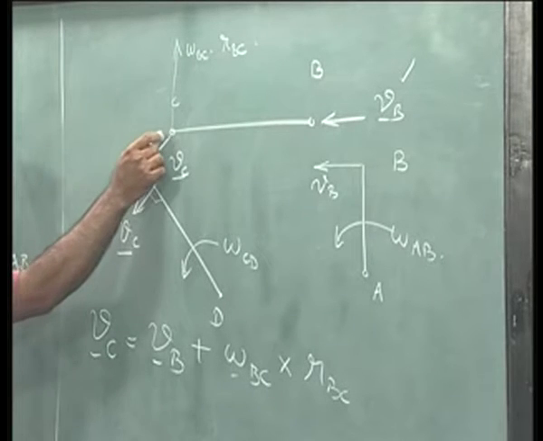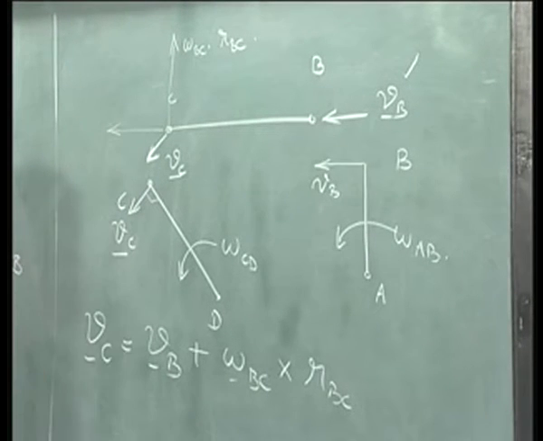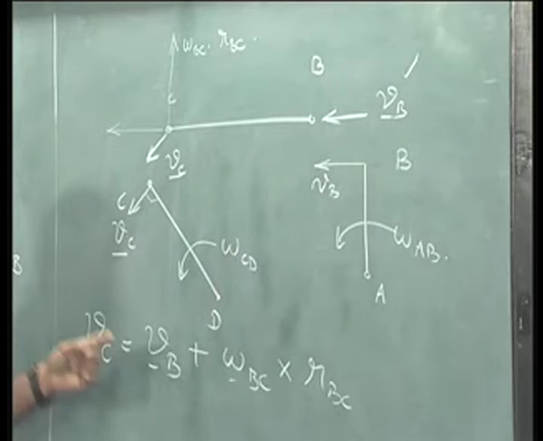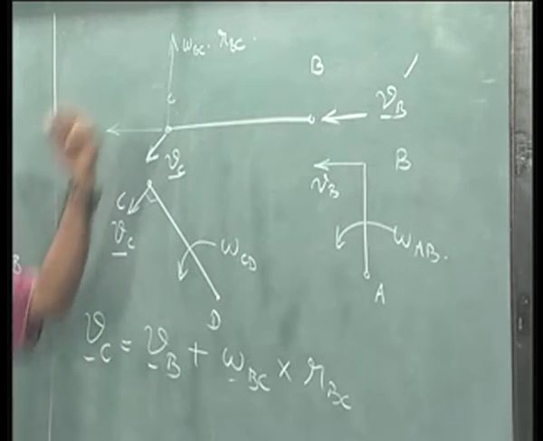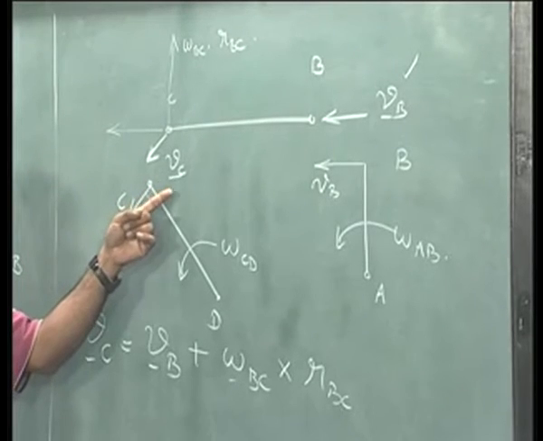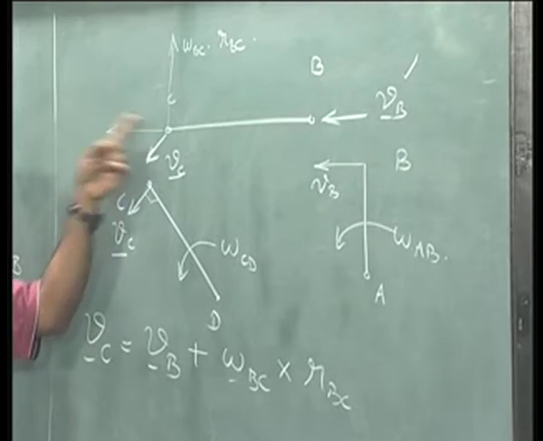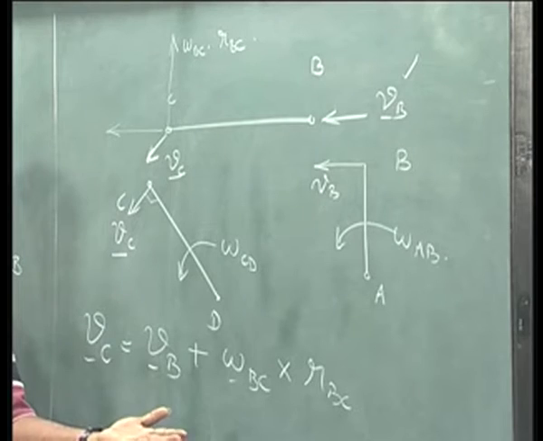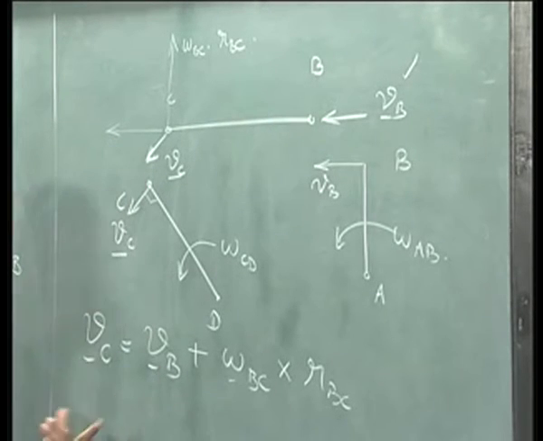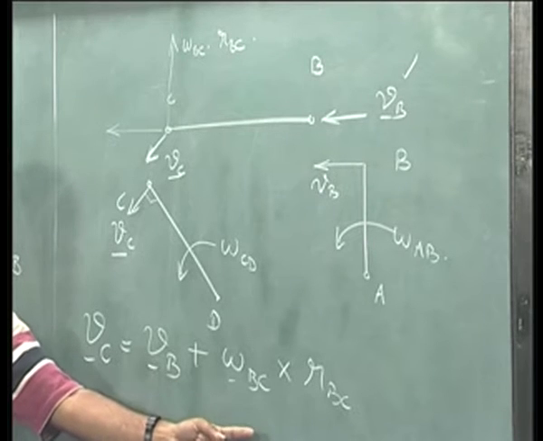The rest of it has to be like this. VB is known. Now, this is perpendicular to it. So, if I have to find this direction, it is the component of VC along this direction that I need to find out. Once I do that, then I can use this relationship to find out omega BC.